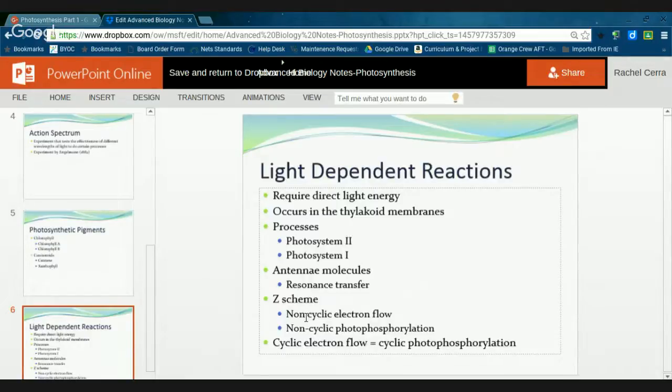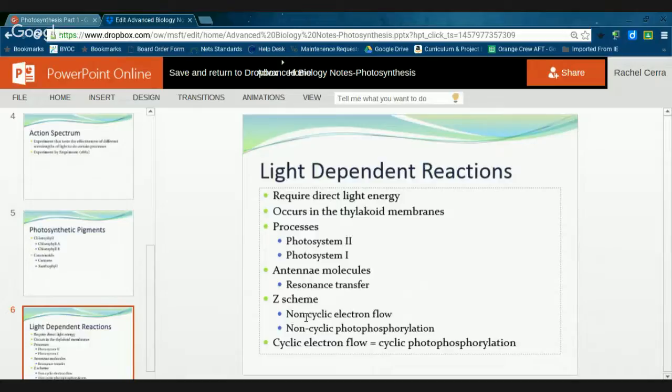Okay, so the large molecule there in the center, that's a chlorophyll A. It's called the center molecule. This is where the main reactions are going to occur.